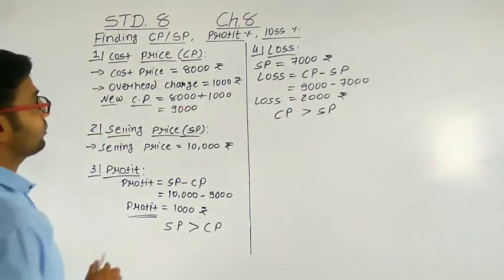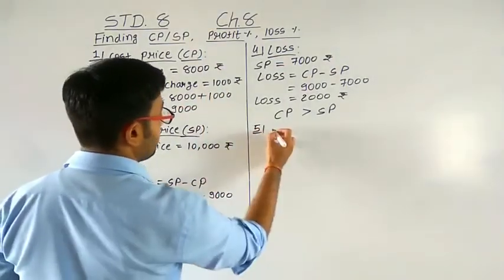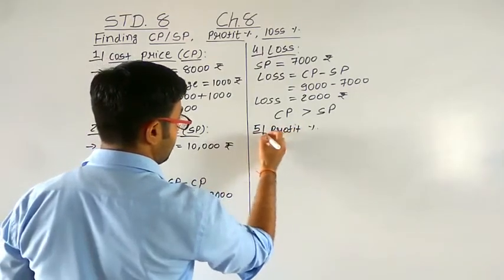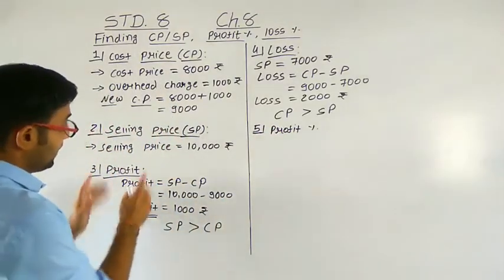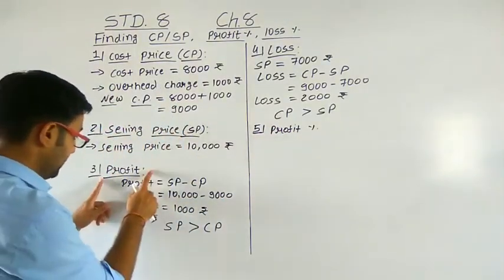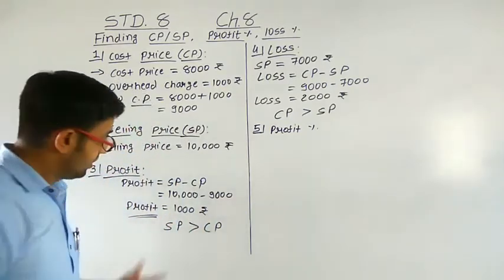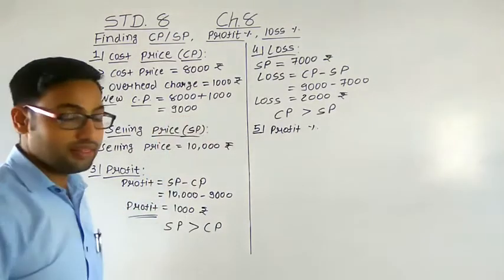Right? Now we have to calculate the profit percentage. How can we calculate the profit percentage? Here we are taking this same situation, where we made a profit of rupees 1000. What is the cost price? Cost price is 9000.